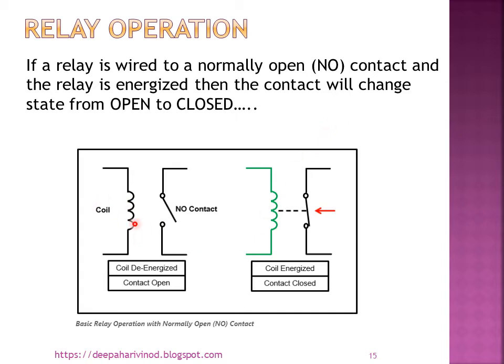When the coil is energized, it is shown in green. The contact gets attracted towards the coil, so it becomes closed. Before, it didn't have any contact; now the contact is closed.